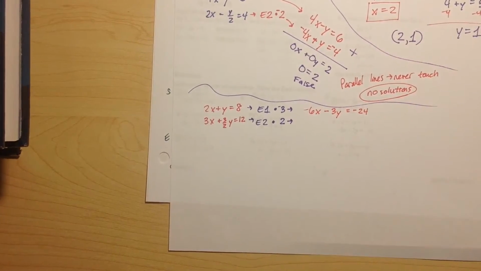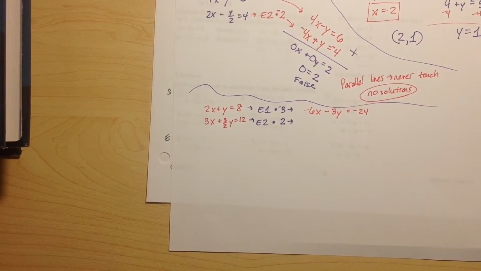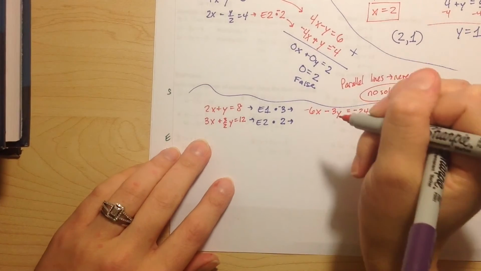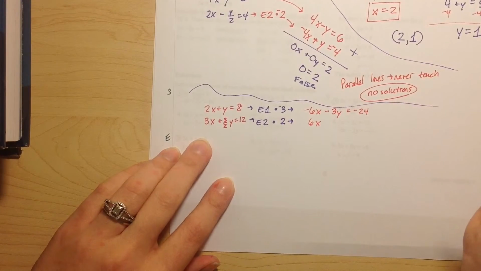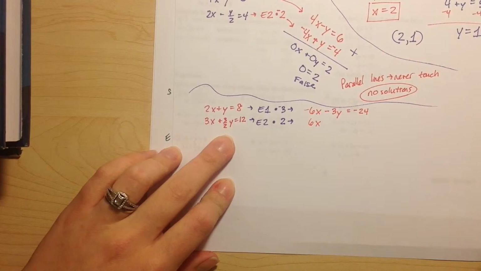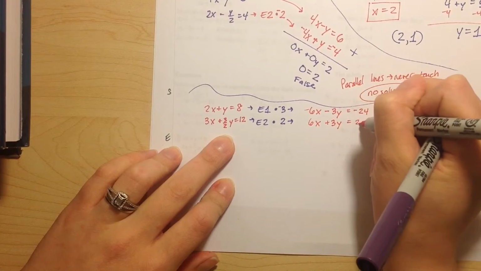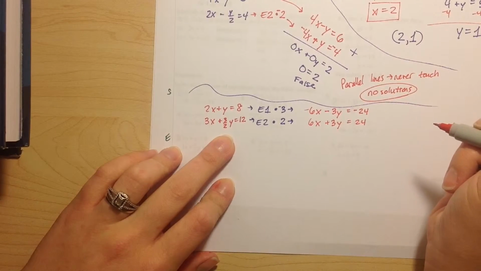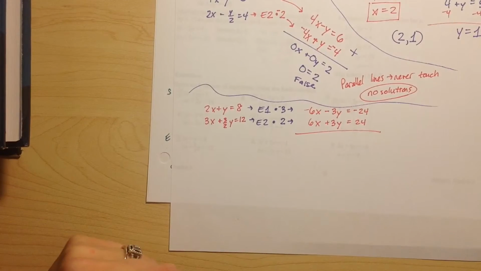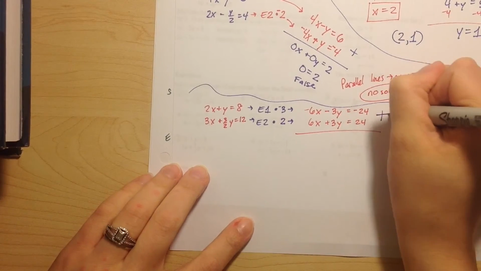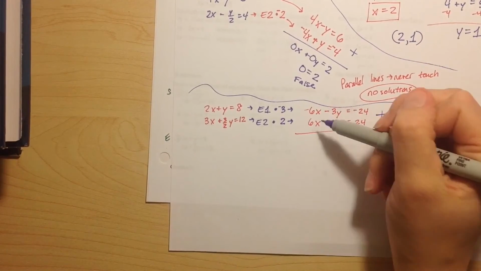When I multiply in the 2, I am going to have, on the bottom, a positive 6x, that's what I wanted, a 3y, how nice, and a 24.